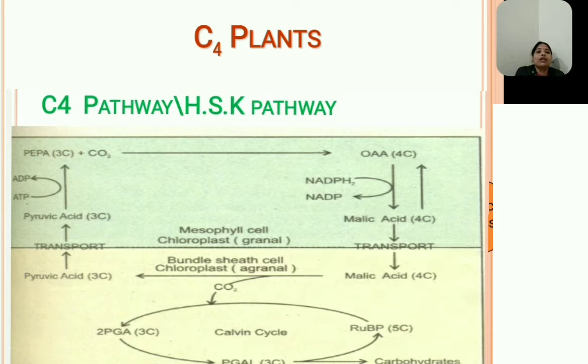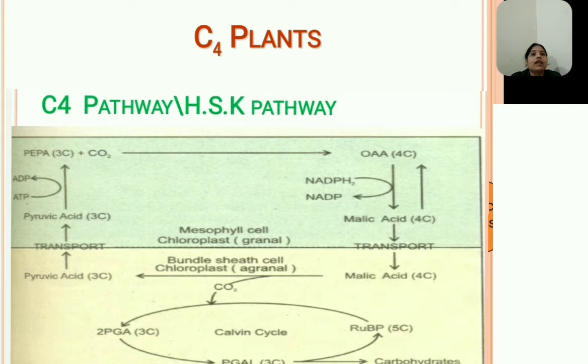So in the mesophyll cell, the first fixation, carboxylation and reduction take place. But in the bundle sheath cells, the second fixation takes place, meaning decarboxylation and second carbon dioxide fixation.